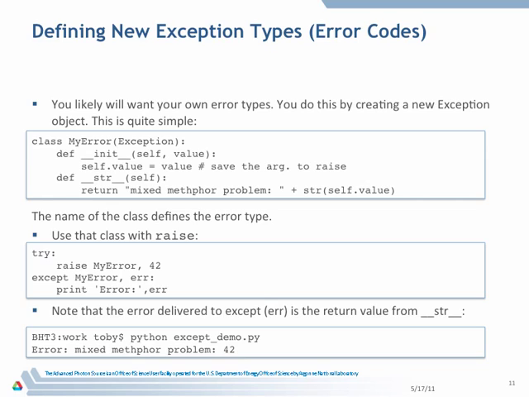You just create the error message that you're going to get. So here I have a raise my error, and I pass it an argument, which in this case is 42, and you'll see that the 42 gets stuck into my error message, and that's really all you need to do.